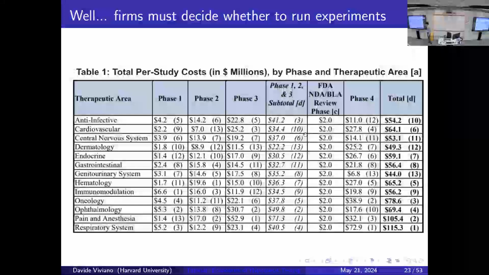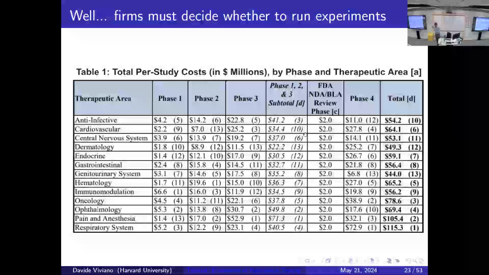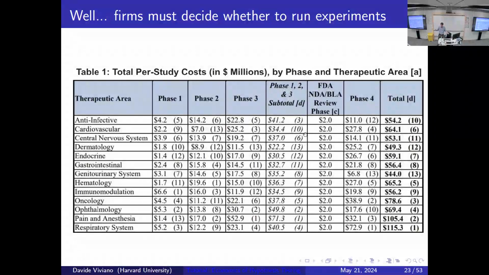So total cost can be quite large once we sum phase 1, phase 2, and phase 3. And so the researcher may say, well, there's no reason why I should run any experiment given the cost of the experiment if I know that the probability of being approved is so low.